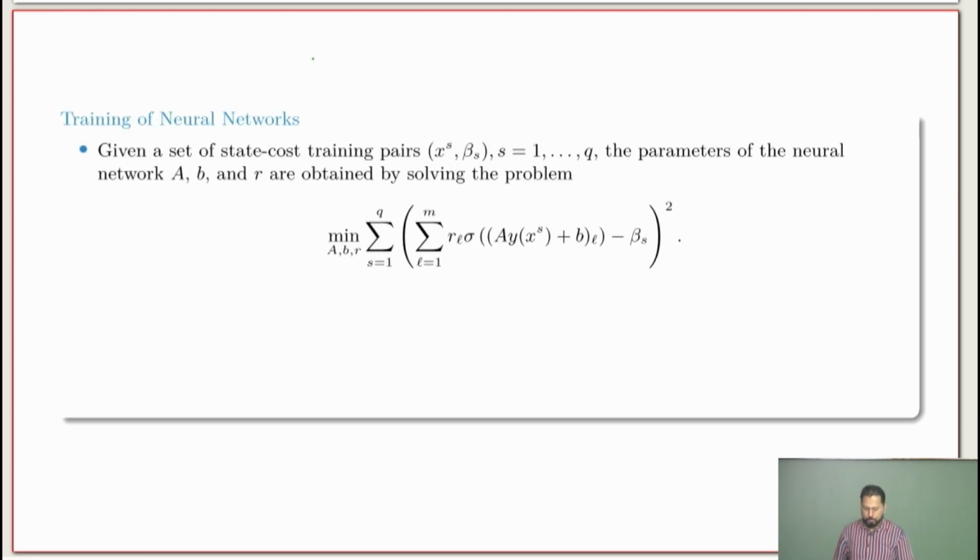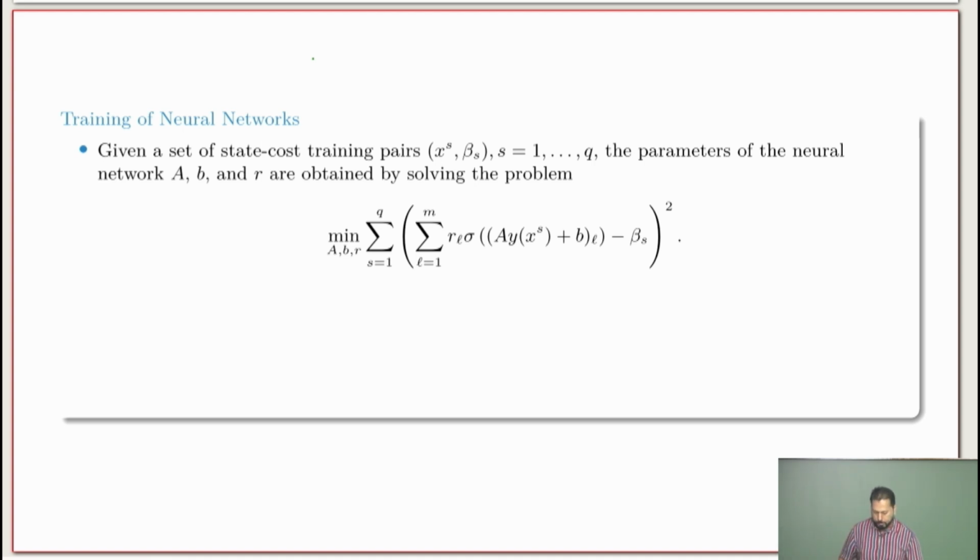So this is how the training of the neural network will happen, which we now combine in this optimization problem. It is a minimization over A, b, R. A was the neural network parameter, b was the bias, which is also a parameter of the network, and R was for the last linear combination. All this you combine, and this is a complete training process.